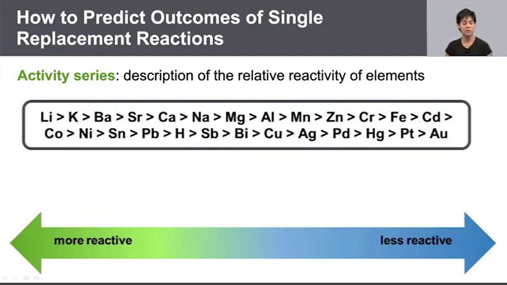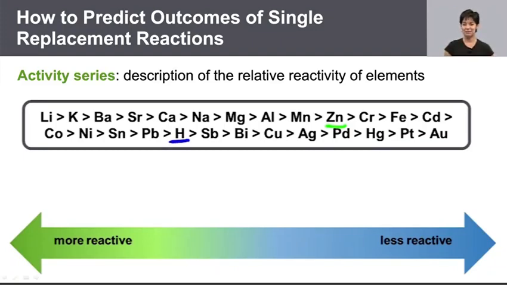So what we can see is that potassium is much more reactive than magnesium. We can see that nickel is much more reactive than bismuth. What we can also see is that zinc is much more reactive than hydrogen.